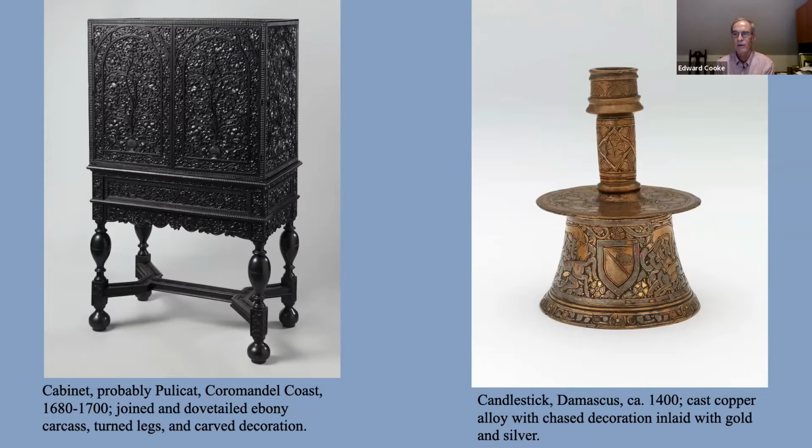And here you see, as those craftsmen migrated, were forced from Afghanistan and parts of Greater Persia due to the Mongol invasion, they come to the west, to Syria, to Egypt, and start to produce work there on the eastern edge of the Mediterranean for a European market, in this case, for a Venetian merchant family.